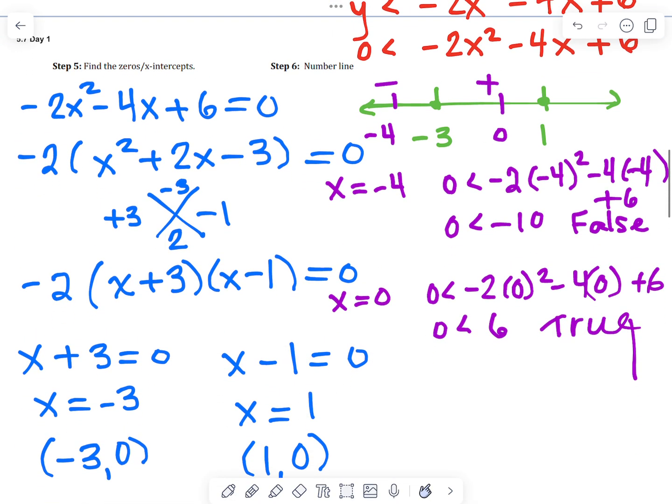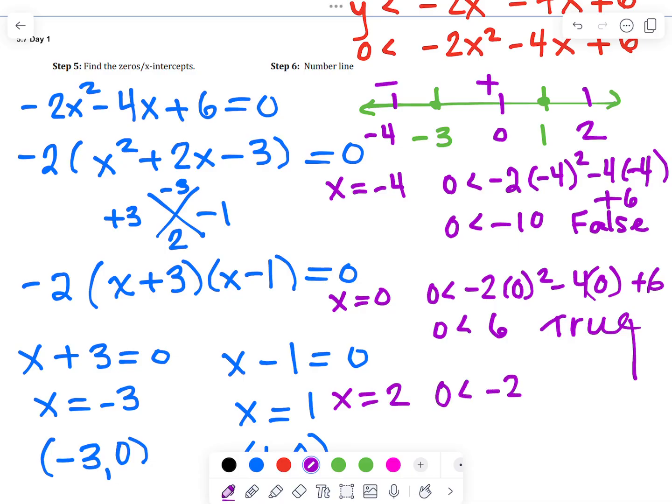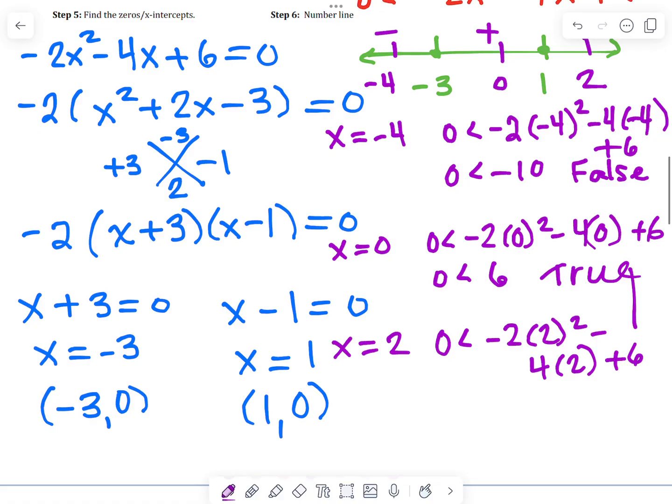And I have one more region to check. So I'm going to choose the number 2. So x equals 2. So something to the right of that critical point. And then I simplify it.